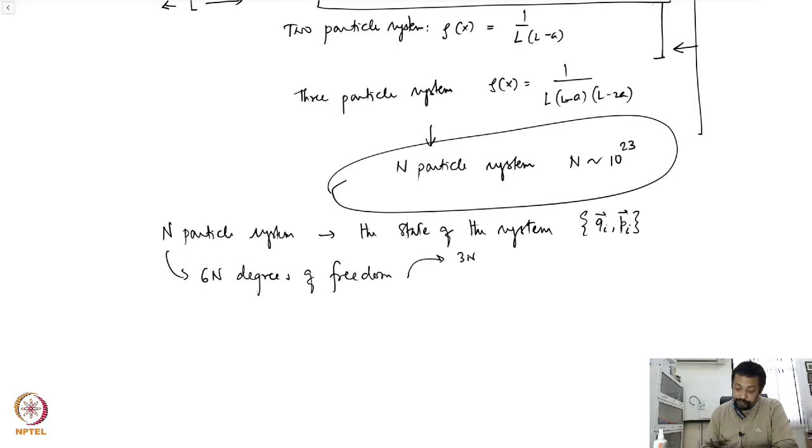You have 3n coordinates and 3n momenta. We are ignoring the internal degrees of freedom here. So there are 6n degrees of freedom altogether.